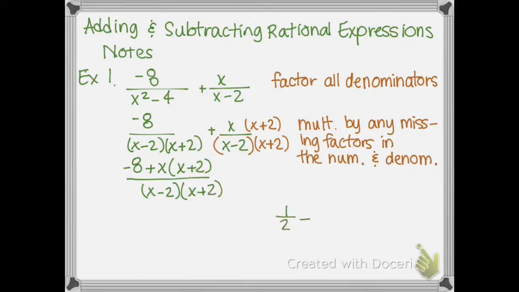If I were adding 1/2 plus, say, 3/2, I would only write the denominator once, and then I would add what's in the numerator. 1 plus 3 would give me 4. So when you combine this together, you're only writing the denominator once, and you're going to combine everything that's written in the numerators. So what we're doing next is we're writing as a single fraction, or write as a single rational expression.